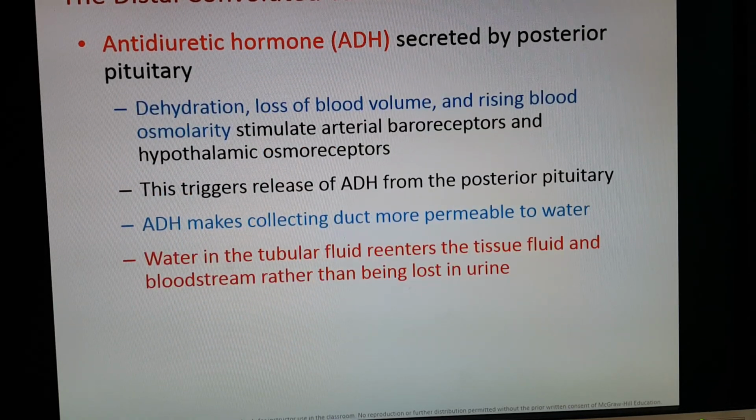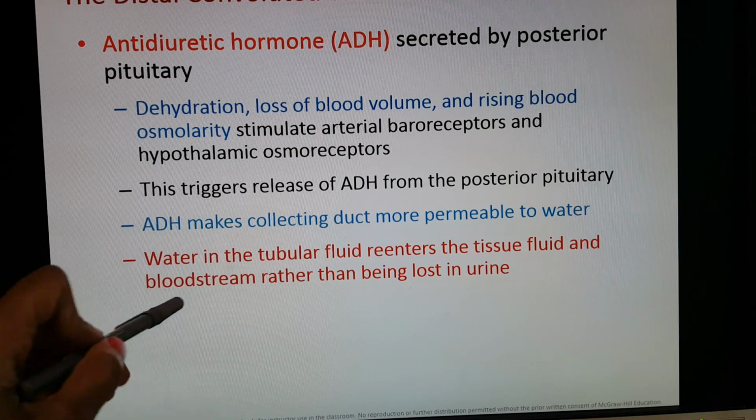So the next hormone that affects your urine production is your antidiuretic hormone. So this is in cases where you are dehydrated, you have a low blood volume as well as a rising blood osmolarity, so still needing more water to come back into your blood. So when this hormone is released, it causes water in the tubular fluid to re-enter the tissue fluid and bloodstream rather than being lost in urine.